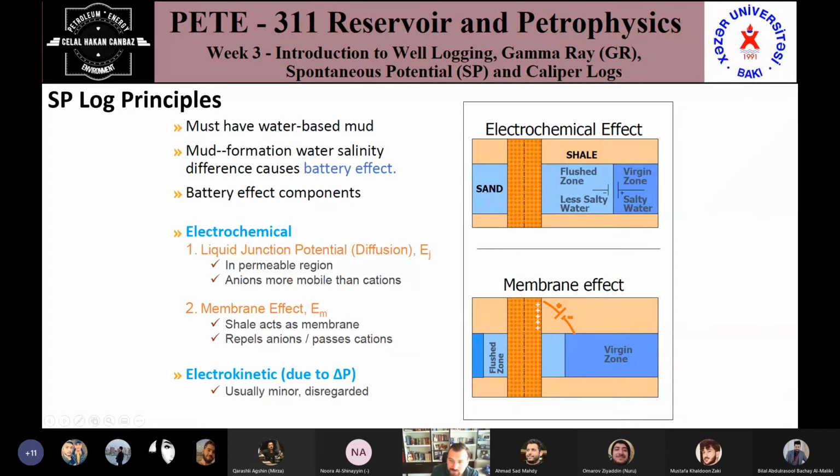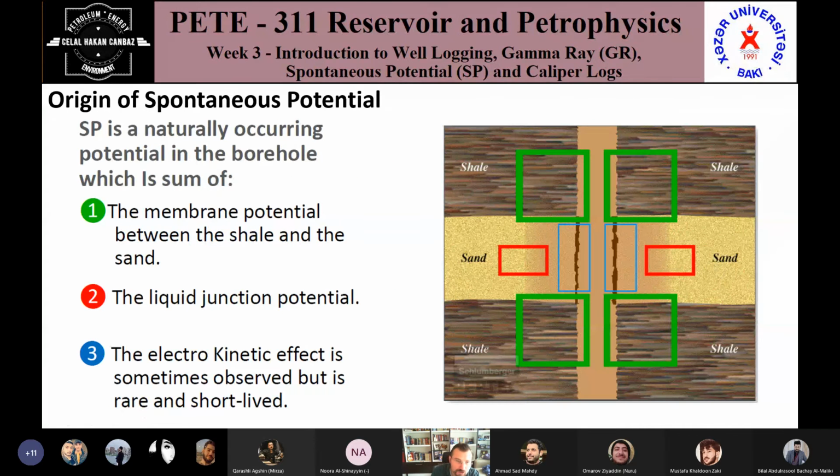Okay. So the origin of spontaneous potential. SP is a naturally occurring potential in the borehole, which is the sum of, first, the membrane potential between the shale and the sand, and second, the liquid junction potential, the red ones.